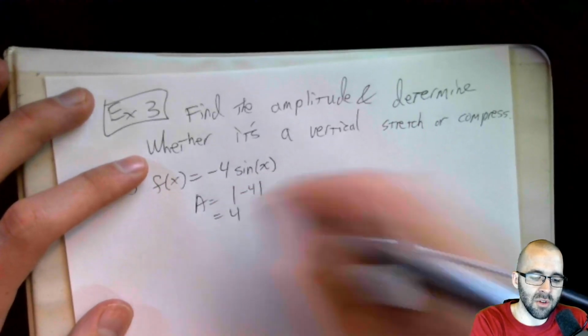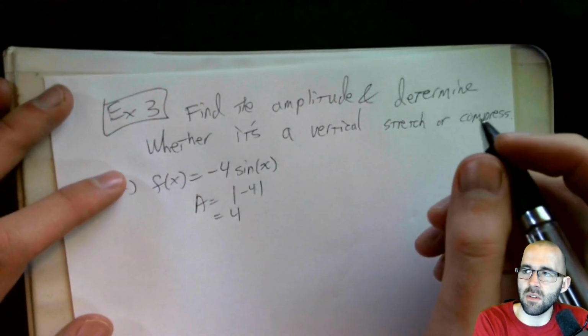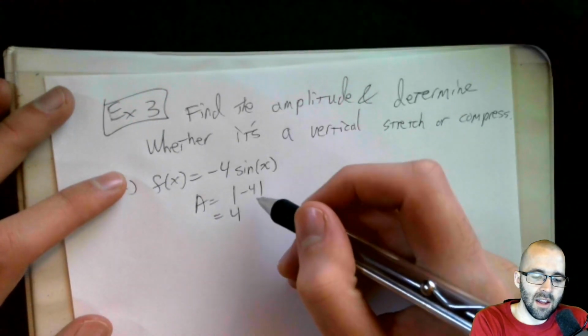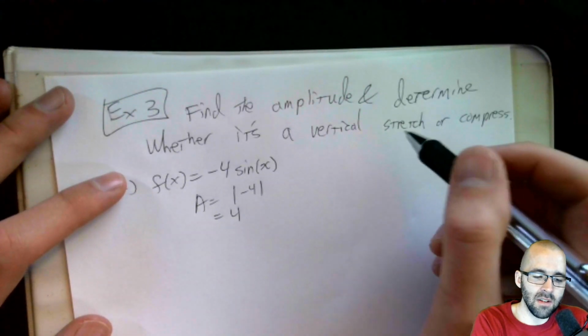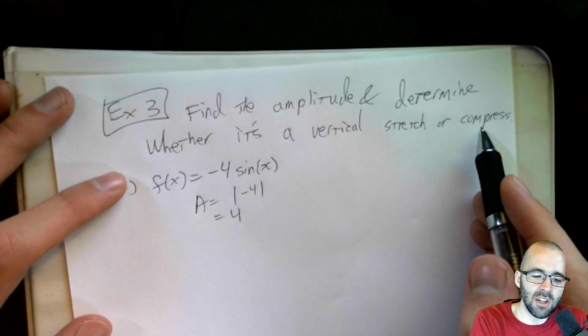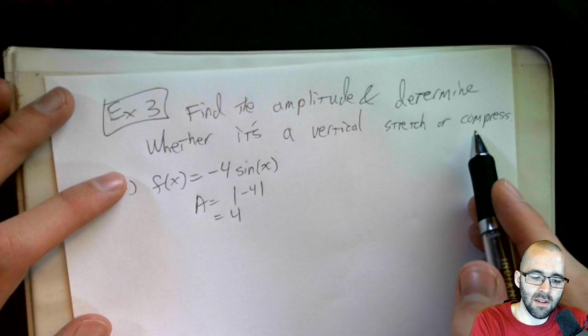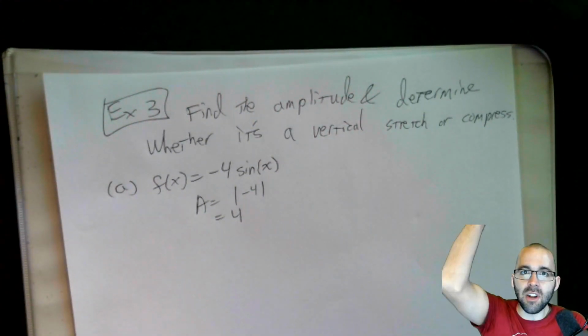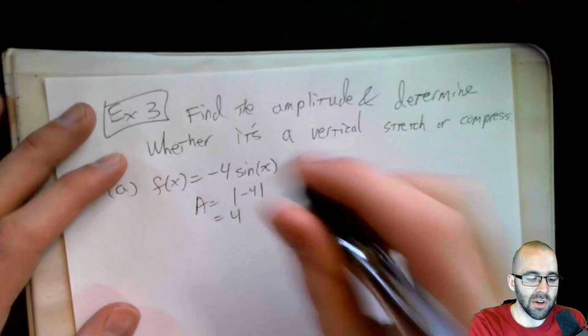Well, the absolute value of -4 is just +4. +4 is the amplitude. And then, what's the second part? Is it a vertical stretching or vertical compressing? It's going to be stretching because we are making it 4 times as tall. Right? 4 times as tall.